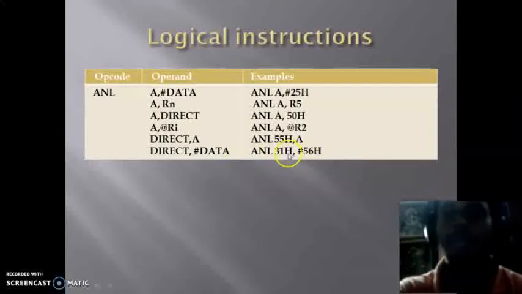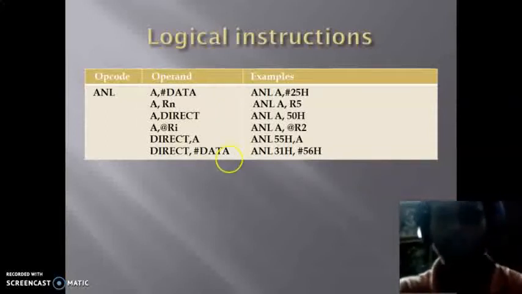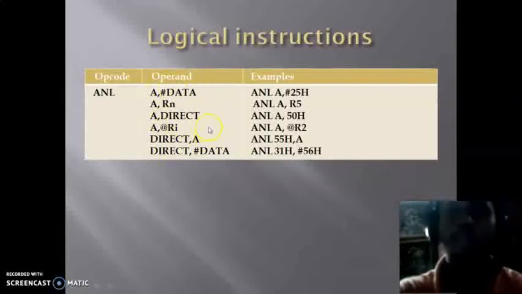Here the AND operation is done between the content of 31H, that is the RAM location, and 56H, and it affects the flags also. So that is how we can perform logical AND functions. These are the different ways by which we can perform different logical functions.